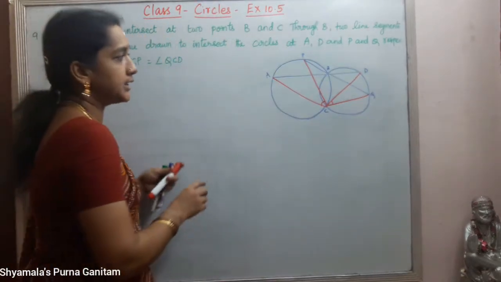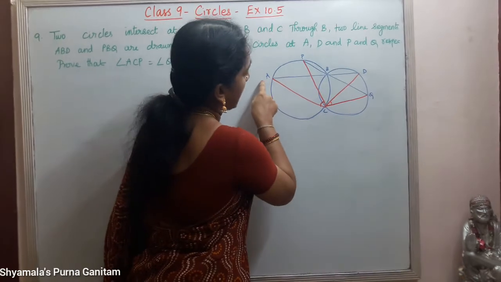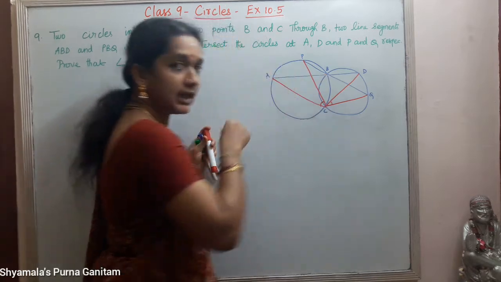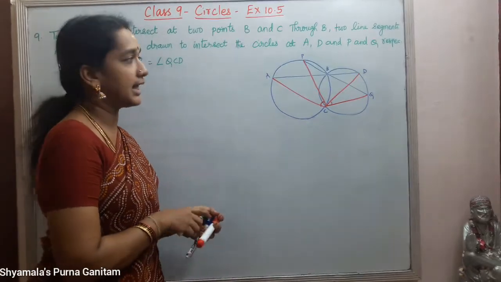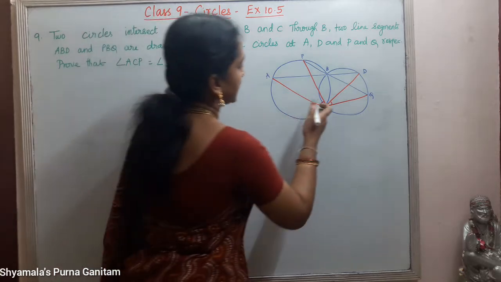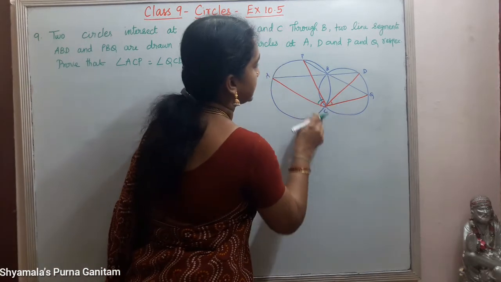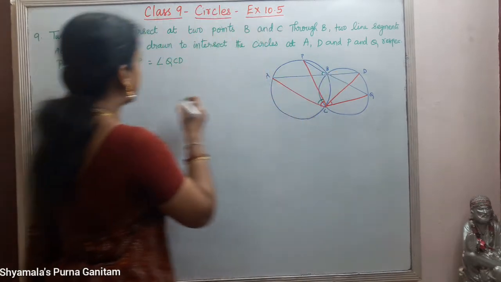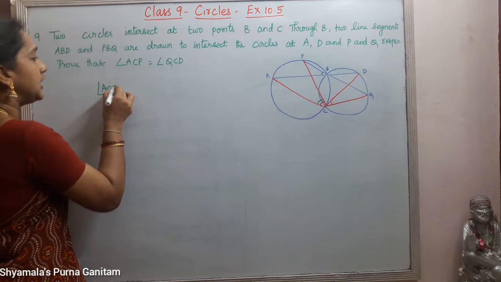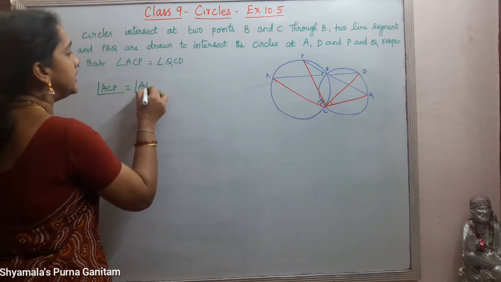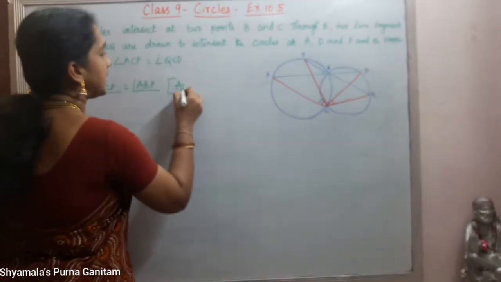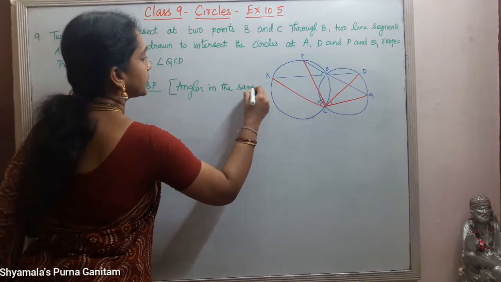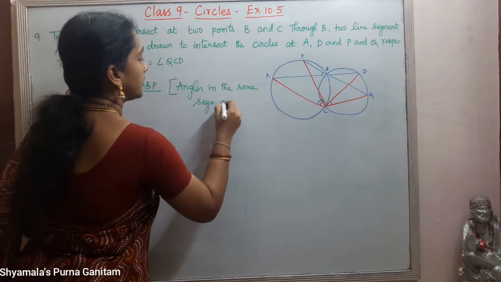For proving this, we will take angle ACP and angle ABP, which are on the same segment. That is, angle ACP is equal to angle ABP. Angles in the same segment are equal.